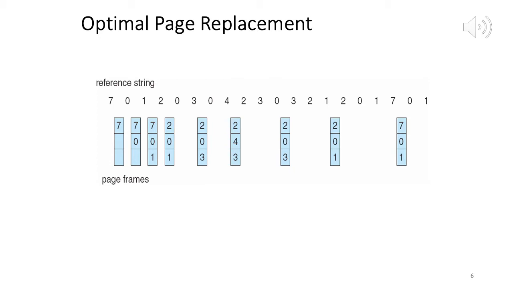Okay. So we access 7, it generates a page fault, we bring it in. Access page 0, it generates a page fault, we bring it in. Access page 1, it generates a page fault, we bring it in. So bring it in means finding the appropriate physical frame and mapping it to that. Okay. And then copying the contents of the page to the physical frame.